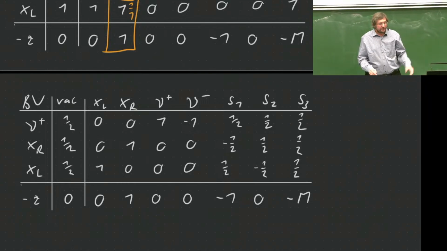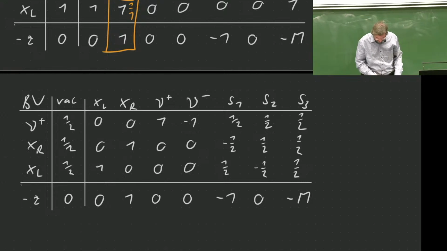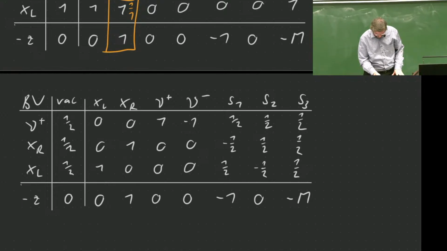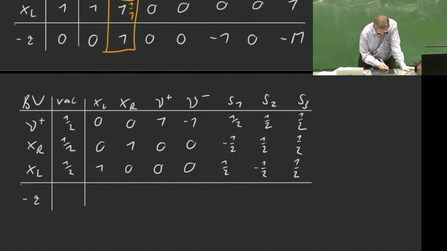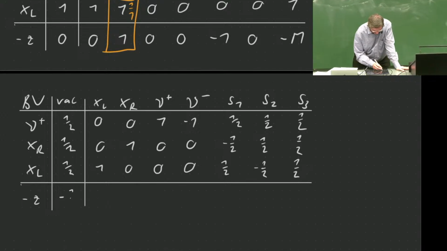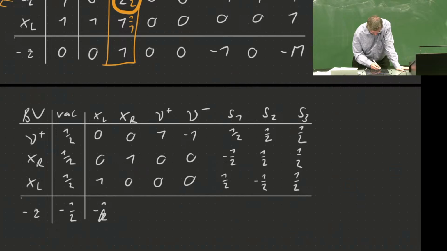And finally, the reduced cost row. Again, we subtract the new second row here. So let's see. This will be minus 1/2, no, sorry, 0. This will stay 0. 0 here.